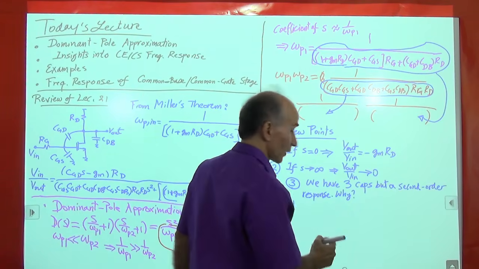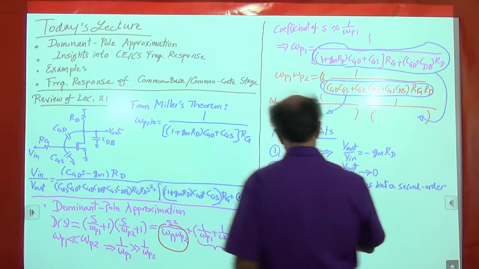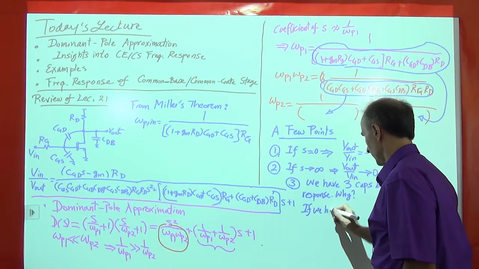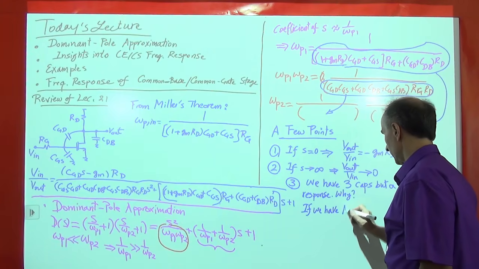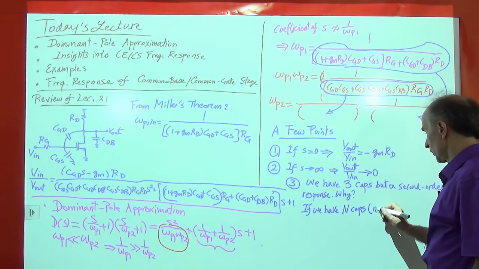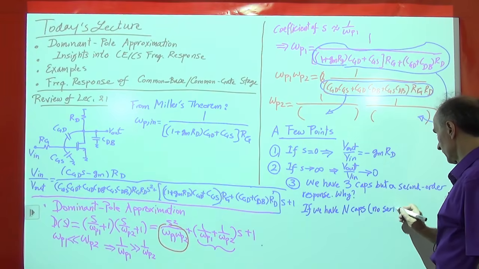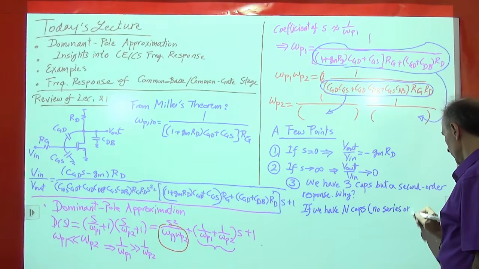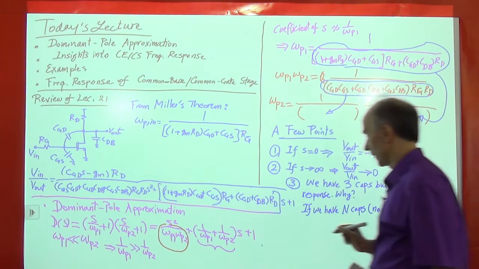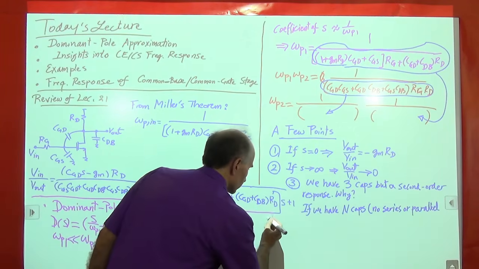So let me write this here. If we have n caps, again, no series or parallel combinations, right?